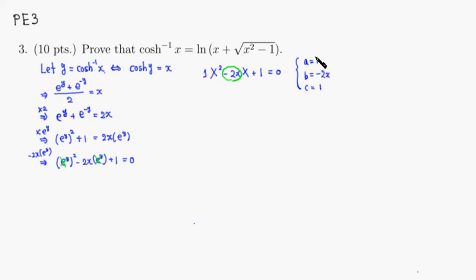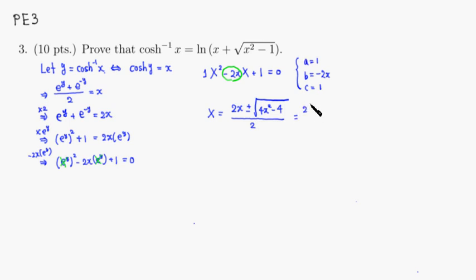So we can use the quadratic formula to solve for capital X. X is going to be equal to negative b, so it's 2x, plus or minus the square root of b squared, so negative 2x squared is 4x squared, minus 4 times a times c, so 4 times 1 is 4, divided by 2a, 2 times 1, so it's 2. Then if you factor out 4, the square root of 4 is 2, so you're going to get this.